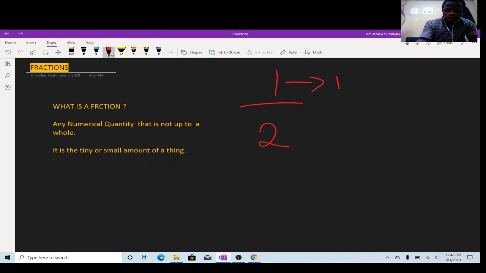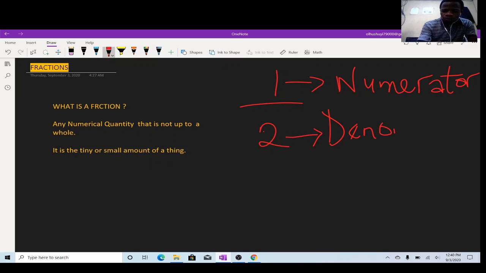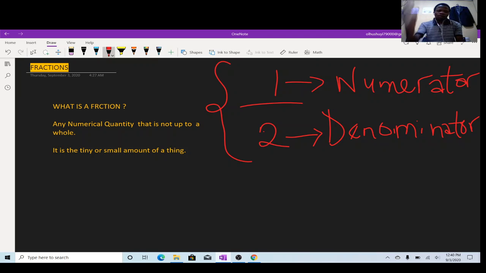This is known as the numerator, and this is known as the denominator. So whenever you have something of this nature, a numerator and a denominator, it is called a fraction.